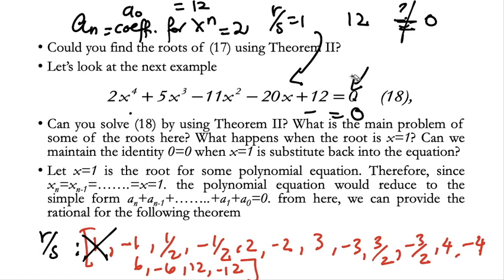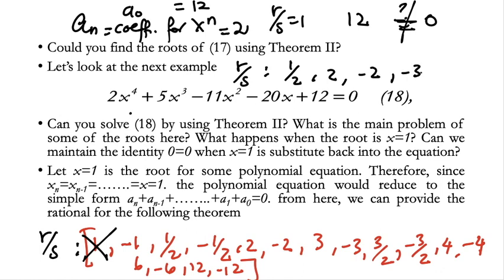Let me erase because actually I don't have enough space to show you, but the final answer should be this. So the R over S that are possible roots are basically 1 half, 2, minus 2 and minus 3. So these are all the roots.